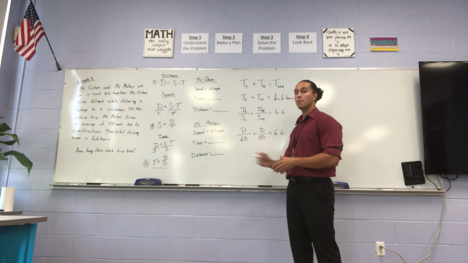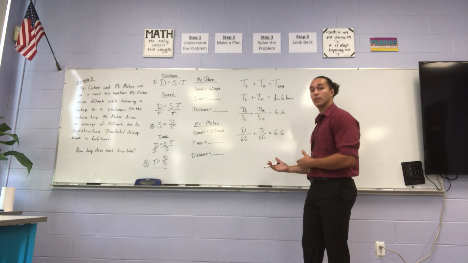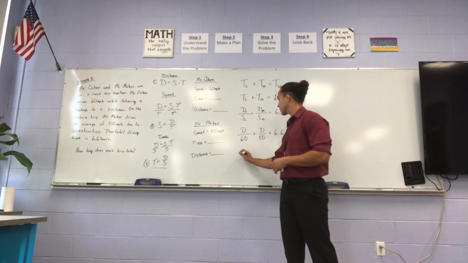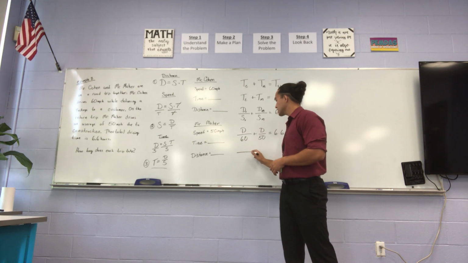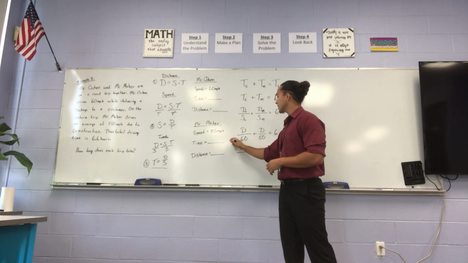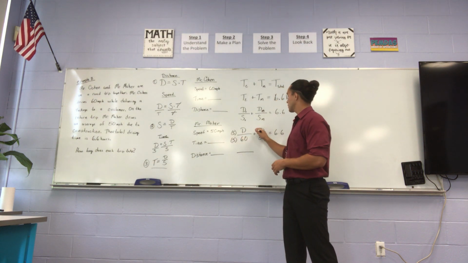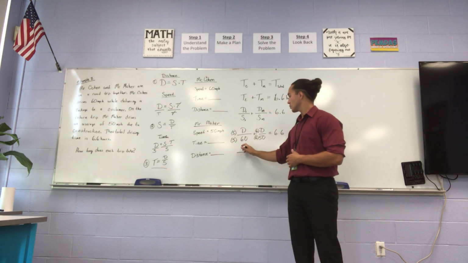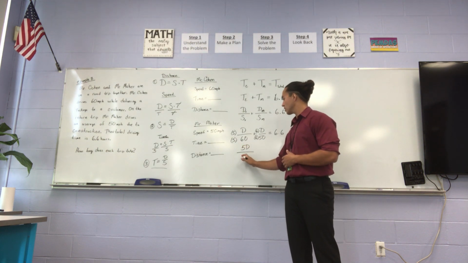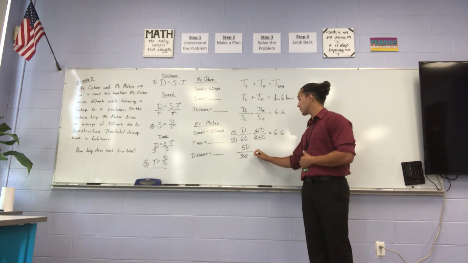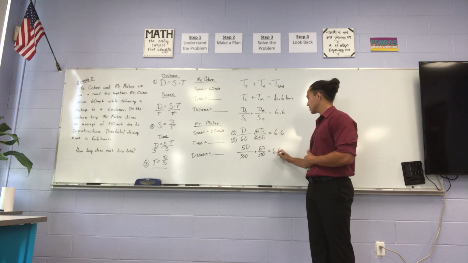The least common denominator between 60 and 50 is 300. So we multiply this by 5 and this by 6. We can say that 5d over 300 plus 6d over 300 is equal to 6.6.